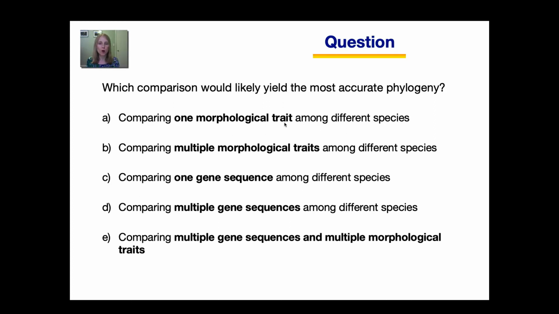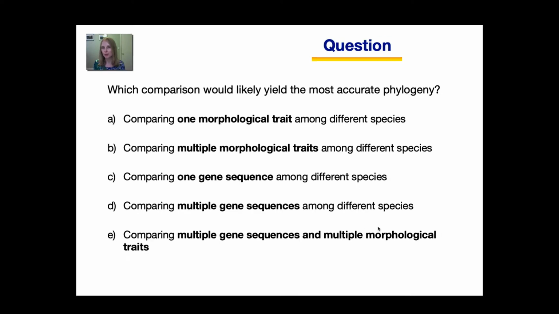Comparing one morphological trait among different species, comparing multiple morphological traits among different species, comparing one gene sequence, comparing multiple gene sequences, or comparing multiple gene sequences and multiple morphological traits. So which do you believe is the correct answer and why?